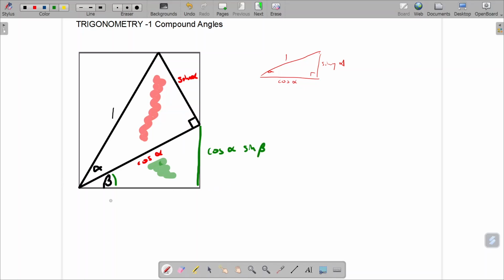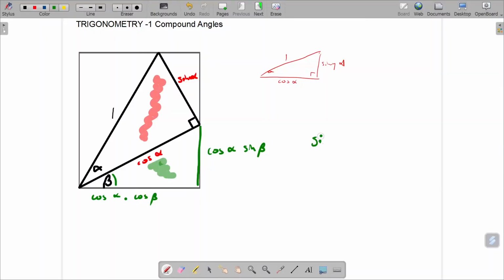And this bottom side here is going to be cos alpha cos beta. Because if we set it up, just as an example, sine of beta would be the side we don't know over the hypotenuse, which is cos of alpha. So the side that we don't know would simply be the product of those two values.